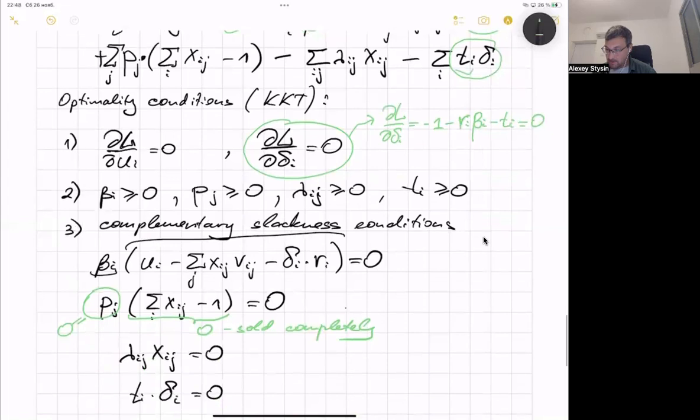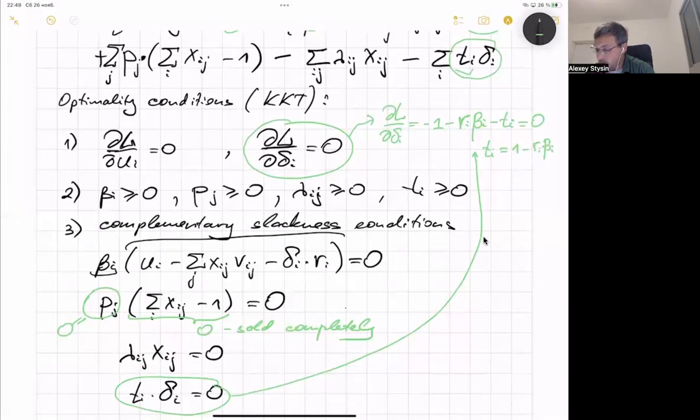And also remember this one, the KKT condition. So we can use it here. We could say that ti is equal to 1 minus ri beta I, and we also know that delta I times ti equals to 0. So we can say that delta I times (1 minus ri beta I) equals to 0.